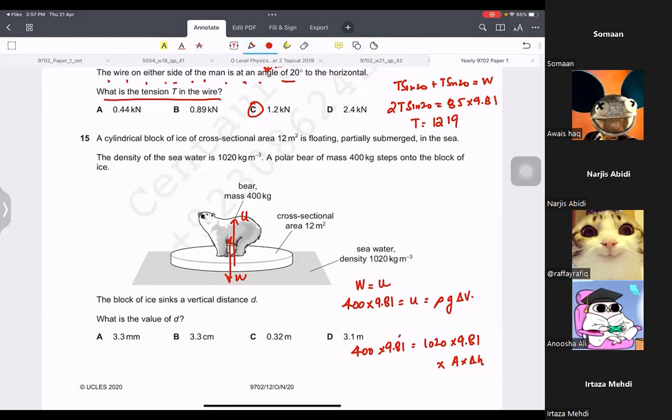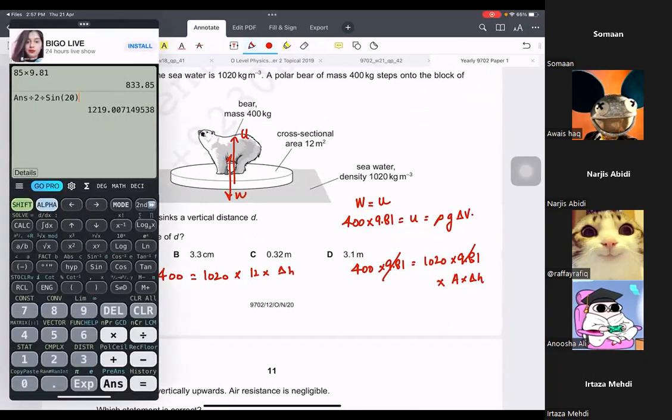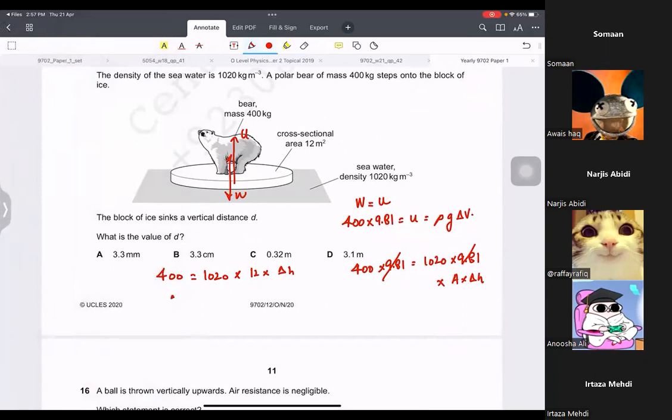Okay, let's cut it off first to make it simpler. 400 equals 1020 times 12 times delta H. Now this is pretty simple. 400 divided by... 0.33 centimeter, no, meter. So multiply by 100.